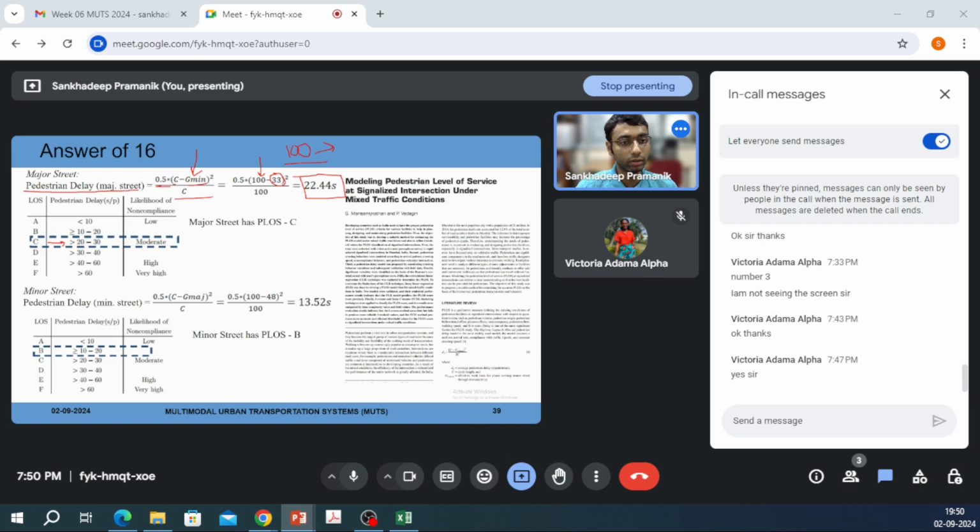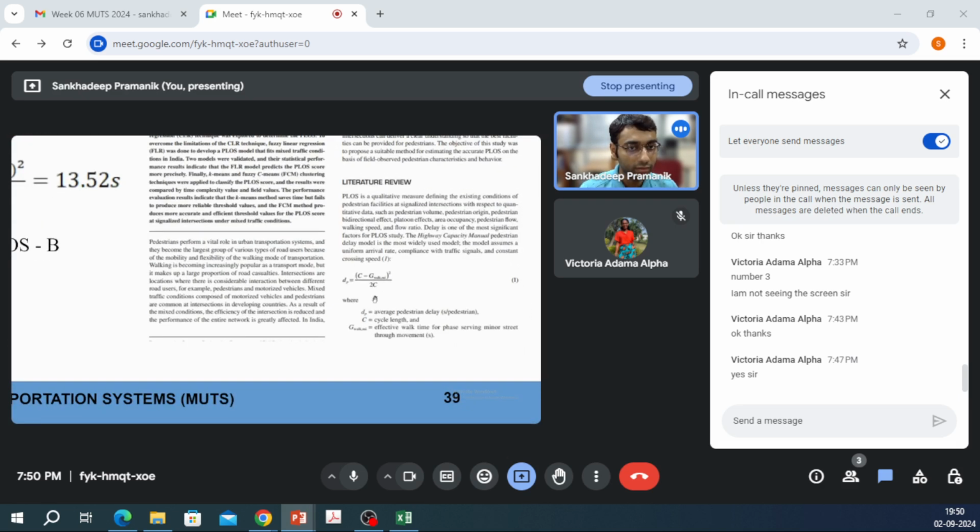If you see, this is actually the formula I have shown in the Highway Capacity Manual. We also have this formula, C minus G divided by 2C. So the average pedestrian delay is equal to the cycle length minus the effective walking time for the phase serving the minor street through movement, that is the actual green time for the minor road.